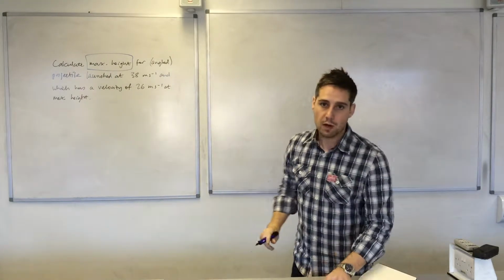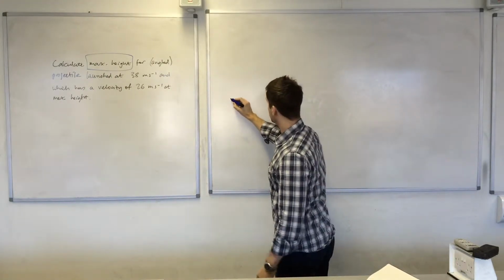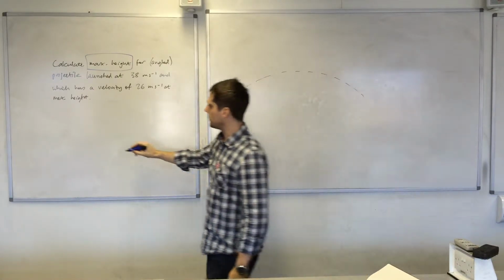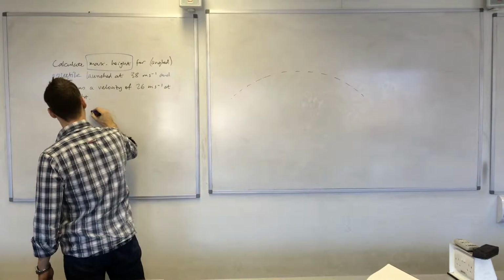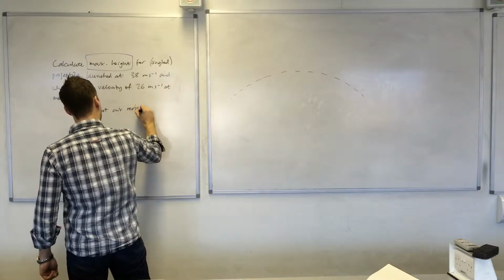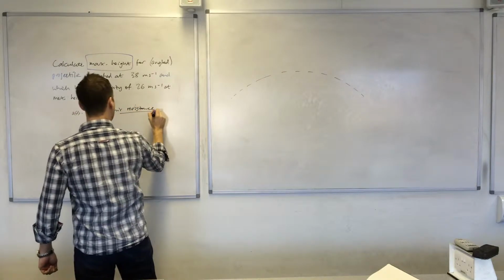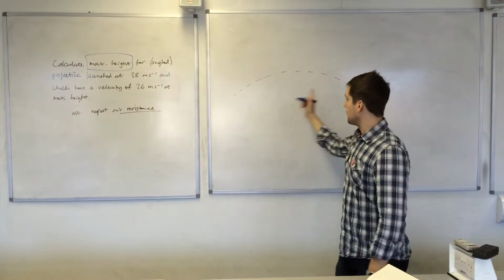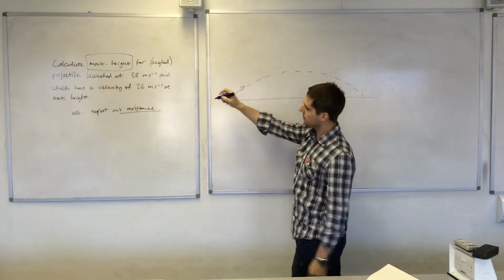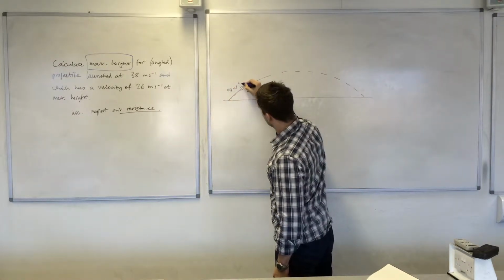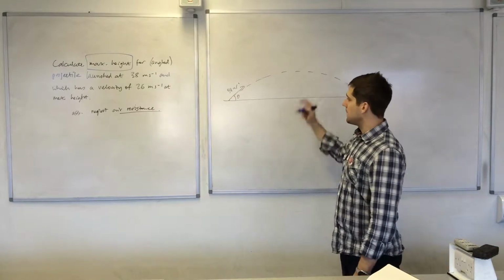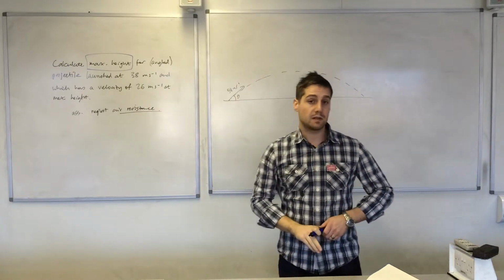So let's just remind ourselves of what happens in an angled projectile situation. Because we're neglecting air resistance, which is one of the assumptions we're going to make, and it's a symmetric flight, and it's launched at 38 meters per second at some angle theta that we don't know, and at maximum height has a velocity vector of 26 meters per second.